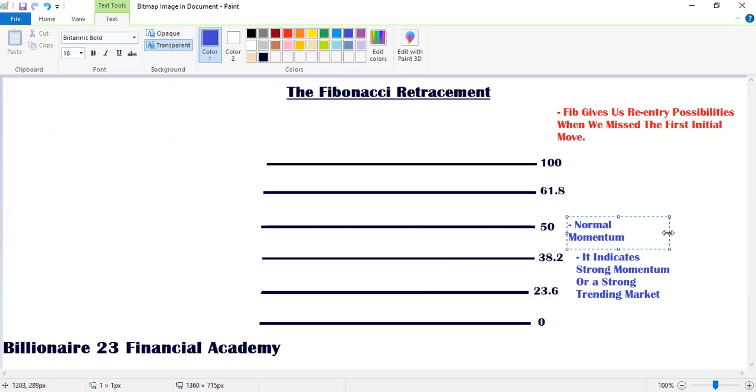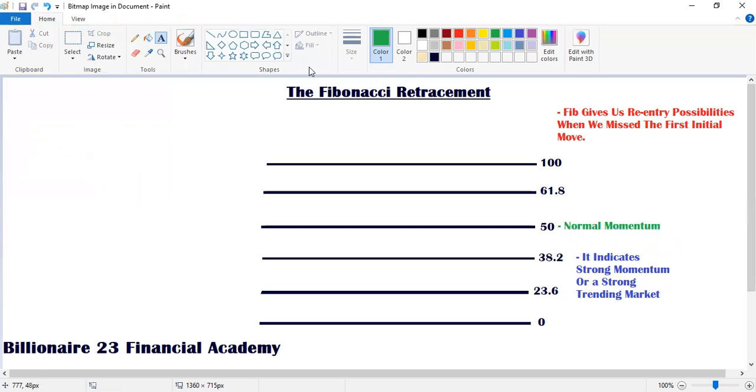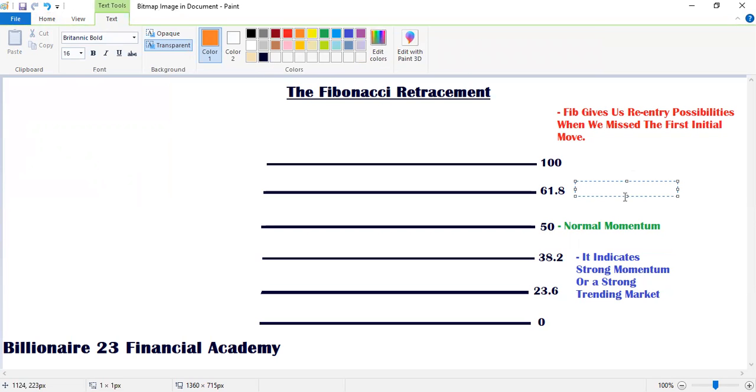Normal momentum. And then 61.8, not much momentum.